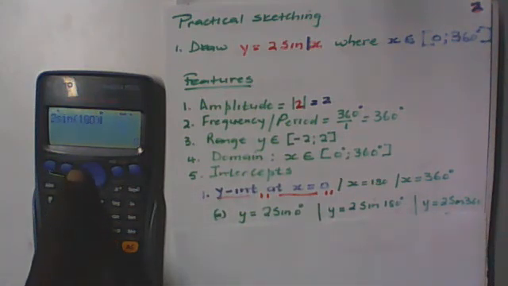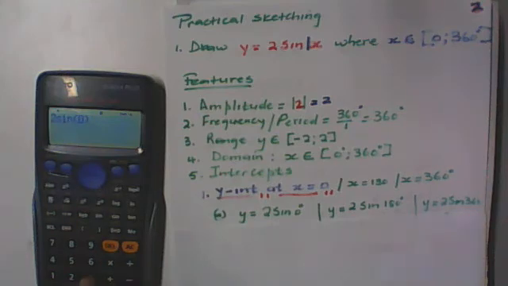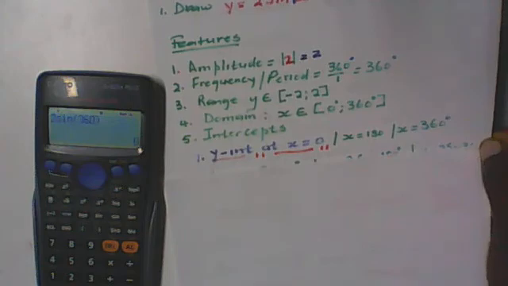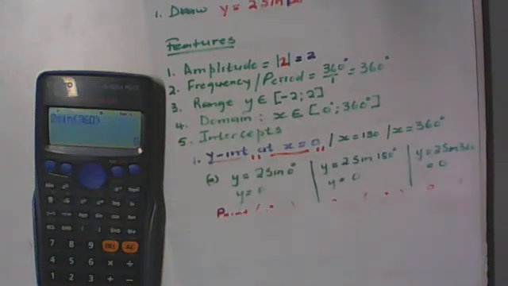And then let me change that to 360. It gives 0. Now, that is why we got y is equal to 0.